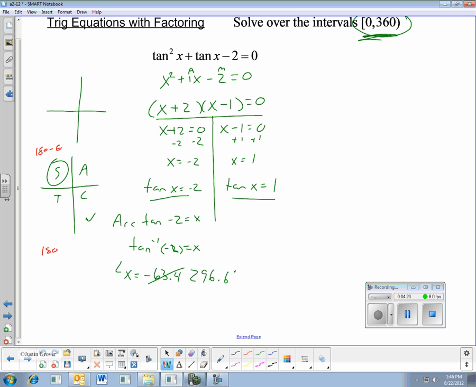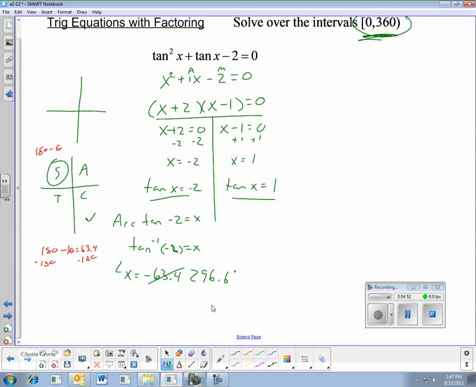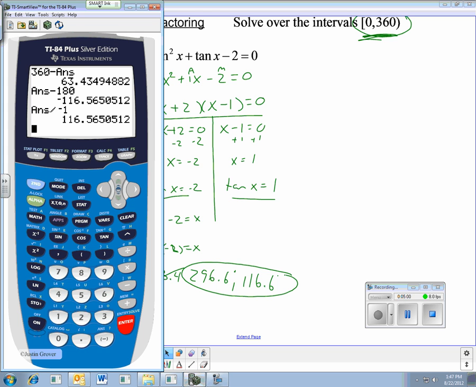So I'm looking at 180 minus theta giving me 63.4. So I can subtract 180, and then I'd have to divide by that negative 1, because I want that to be 116.6 degrees.